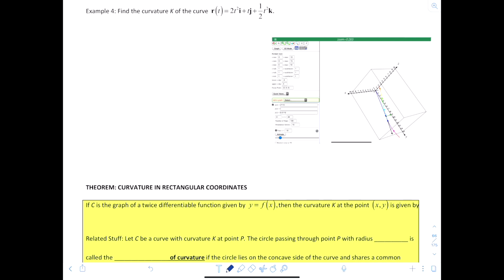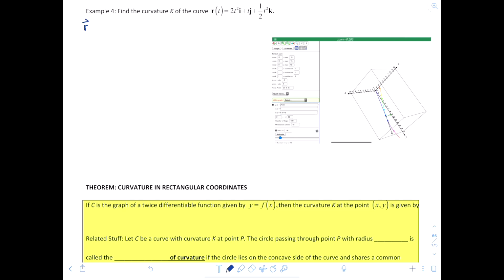Let's go ahead and practice cross product. And we just need our R prime and R double prime at t. This example is going to make it fairly easy, because we've got small positive integers as powers.